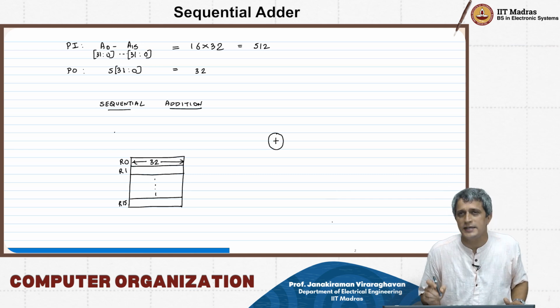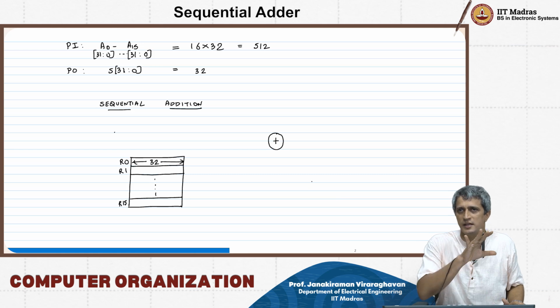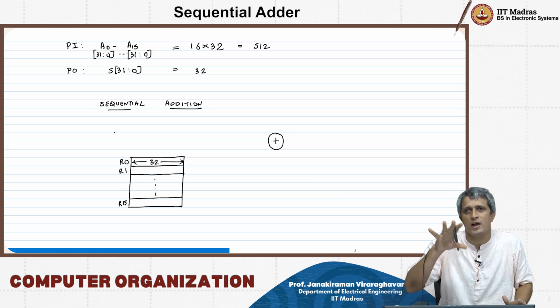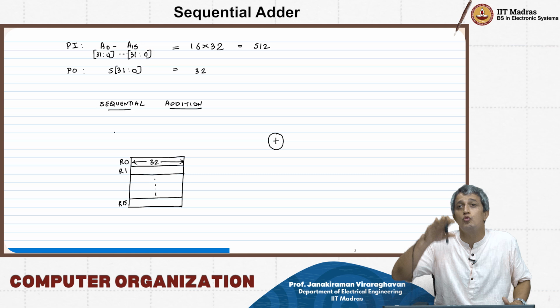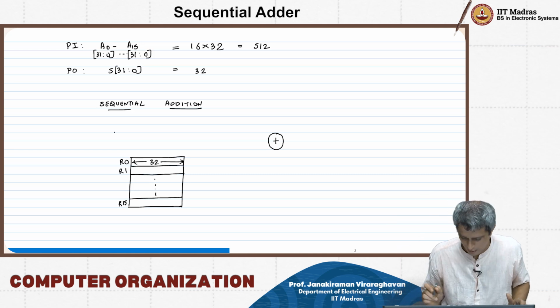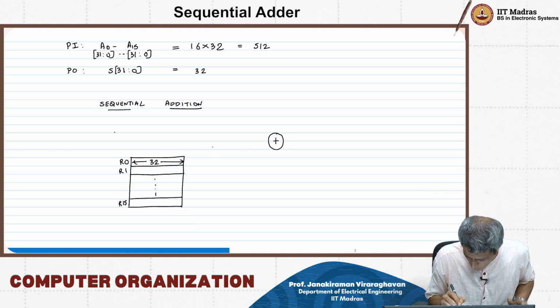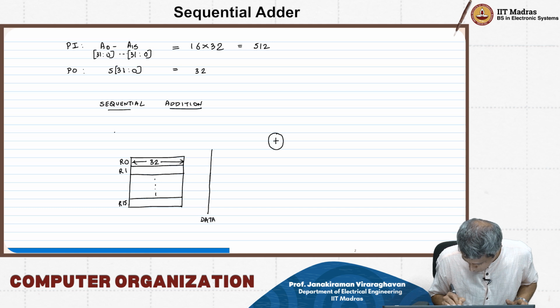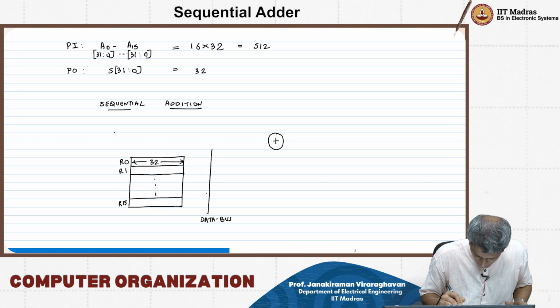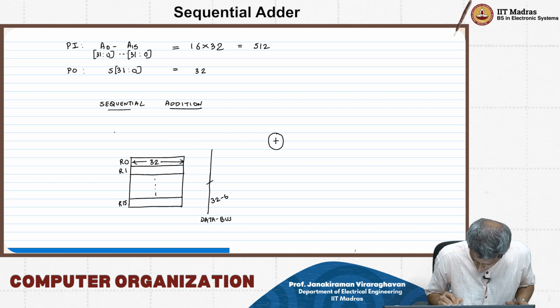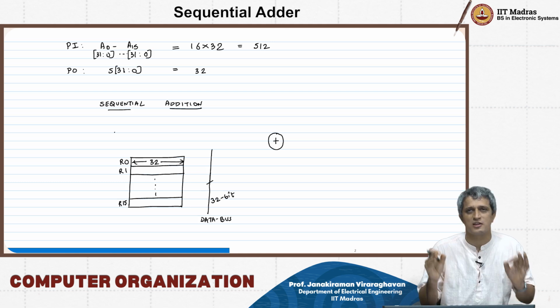I need a way to first get these 16 register values, 32-bit values, to the adder, and that is going to be done through what is known as a data bus. So I have a data bus here, which is a 32-bit wire.